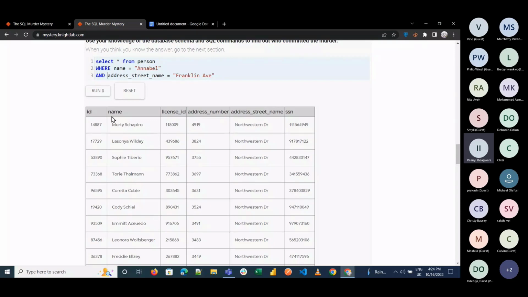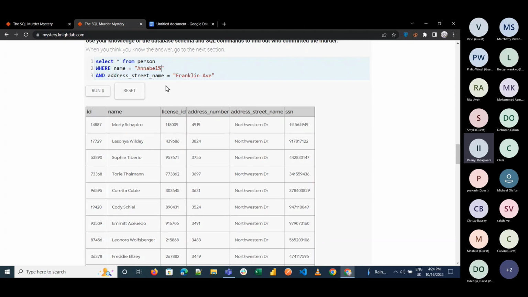But we can see last name and first name all together here, so we don't even know if Annabelle is the first name or the last name. So let's try this. This percent sign is a wildcard, and it tells the SQL database that all we know is that the first name is Annabelle and she has a last name, so there are multiple characters after Annabelle.